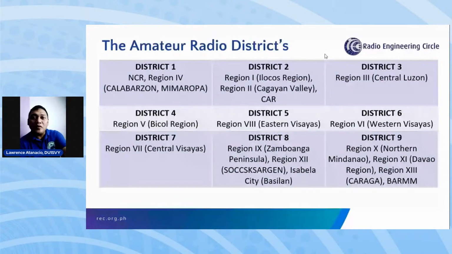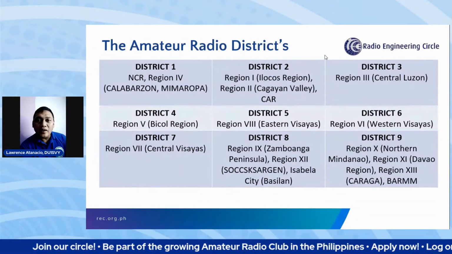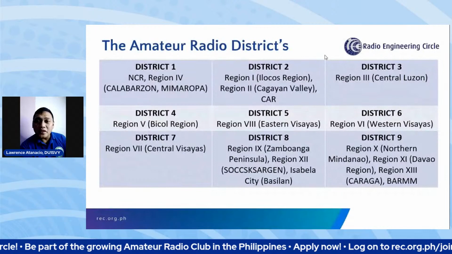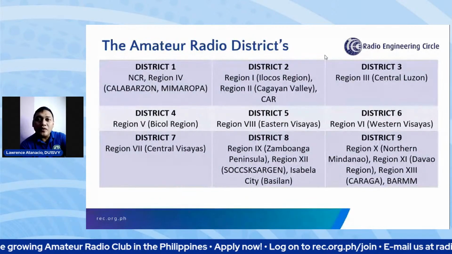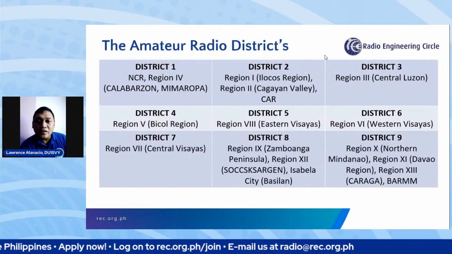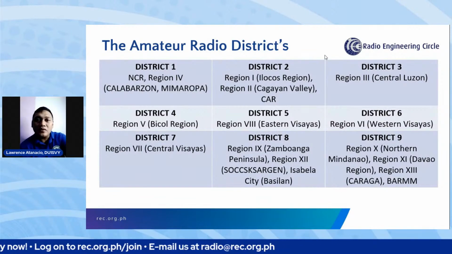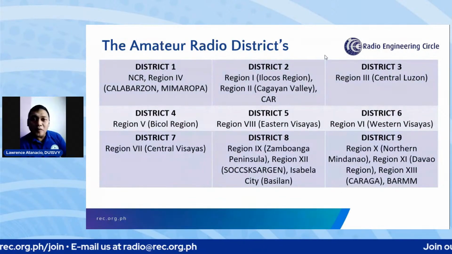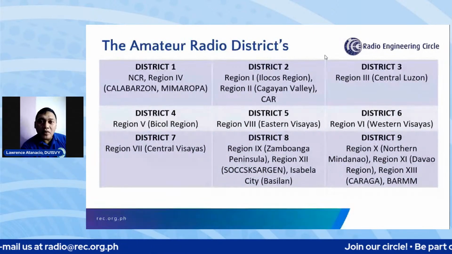Sa District 2 naman po, ang nasasakupan niya po is Region 1, Ilocos Region, and Region 2, Cagayan Valley, at kasama po ang Cordillera Administrative Region. Sa District 3 naman po, yan po ang Region 3 o ang buong Central Luzon Region. Sa District 4 po, nandiyan po ang Region 5, ang Bicol Region.